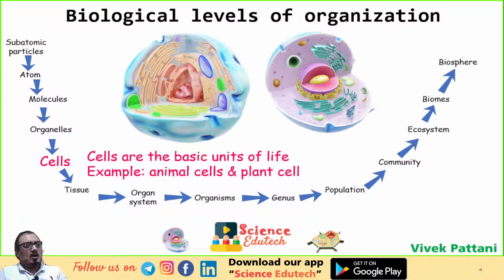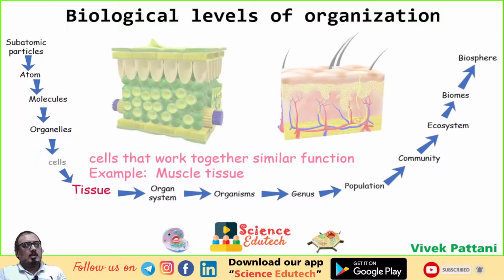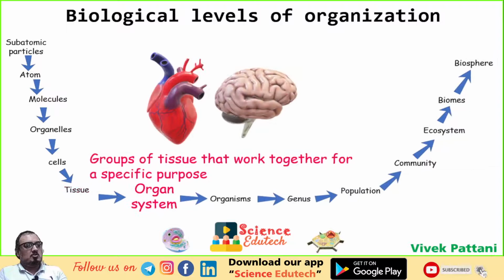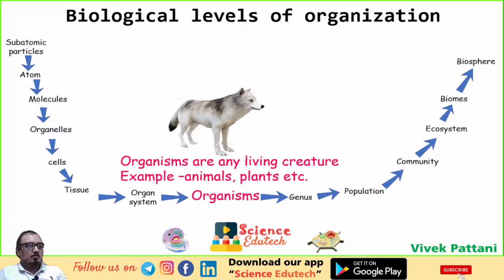Cells are basically the basic units of life, for example, animal and plant cells, and these cells make up tissues, where cells work together with a similar function. These tissues make up organs or organ systems, a group of tissues that work together for a specific purpose, and these organ systems make up a whole organism. Organisms are living creatures, for example, animals, plants, microbes, etc.